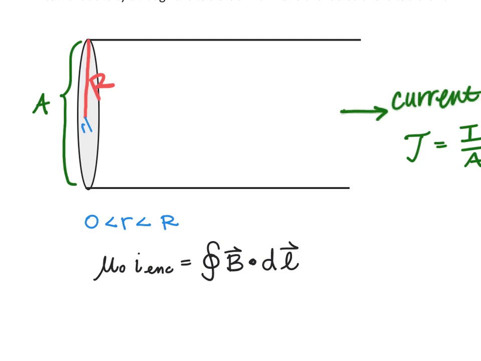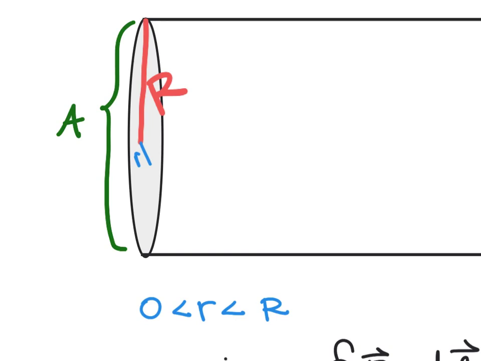So we're going to think of this Amperian loop as being inside our current carrying cable.